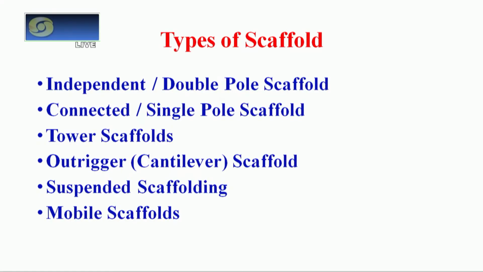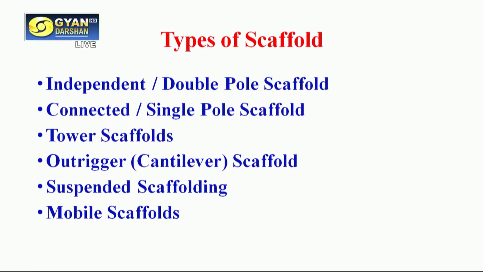Next we move to the types of scaffold. What are the different types of scaffold? Different types of scaffold may be summarized as: one is independent or double pole scaffold, another one is connected or single pole scaffold.